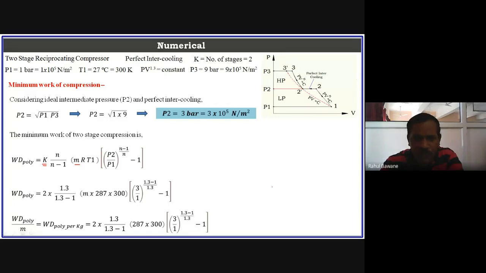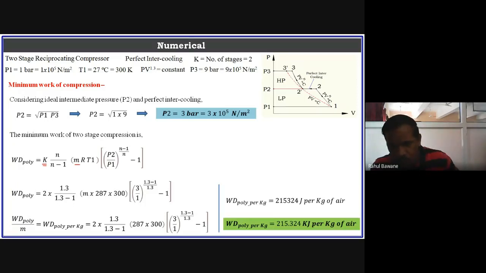Either you assume 1 or shift it. So after calculating, we come to know that work done per kg is 215.324 kilojoule per kg of air, because it is already said per kg of air. So this is the minimum work required in two-stage compression from P1 to P3 pressure.